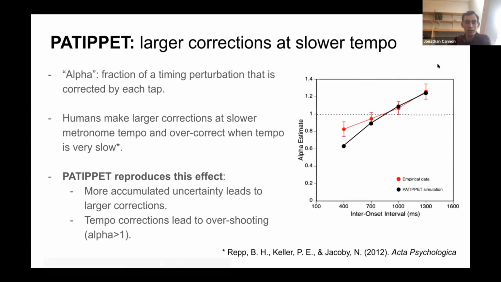And PIPET actually accounts for some other interesting human data, showing that if you're tapping along with a metronome and the inter-onset interval is very large, then timing perturbations will be overcorrected for those very slow tempos. And PIPET will do that because for long inter-onset intervals, there's more accumulation of uncertainty, leading to larger corrections. And when tempo is corrected in addition to phase, then you end up overshooting the mark.